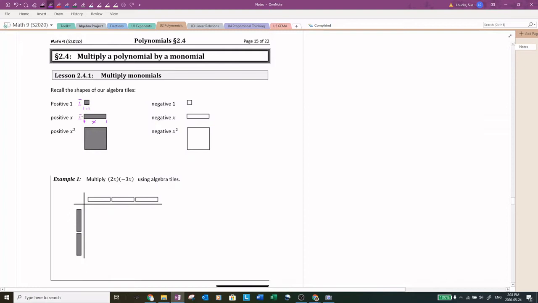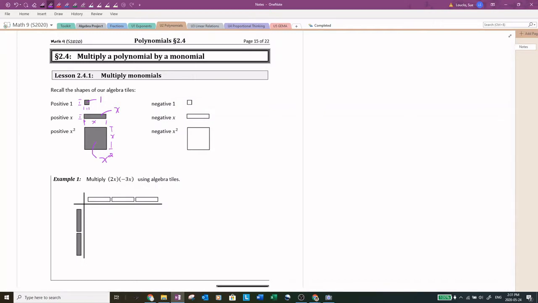The X squared tile is X in one dimension and X in the other dimension, which means the area of this is 1, the area of this is 1 times x, which is x, and the area of this is x times x, which is x squared. Let's just remember that.